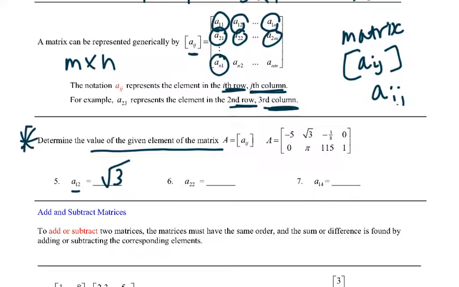For the second one, A sub 2,2, second row, second column, that value is pi. And the last one, A sub 1,4, the first row, the fourth column, that value is 0. So we use this notation to find elements in certain positions within a matrix.